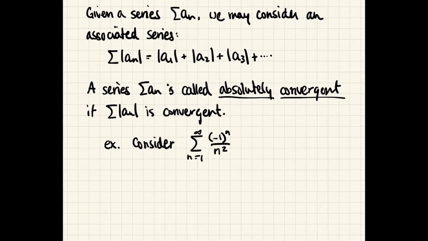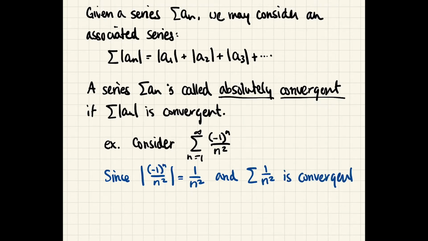Okay, so this is clearly an alternating series. But since the absolute value of this term is just 1 over n squared, and the series consisting of just that 1 over n squared is convergent, okay, let's quickly justify.